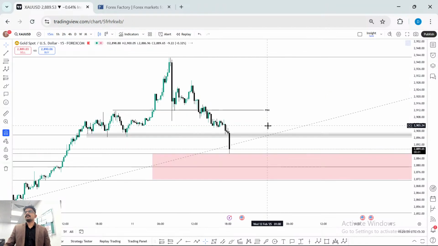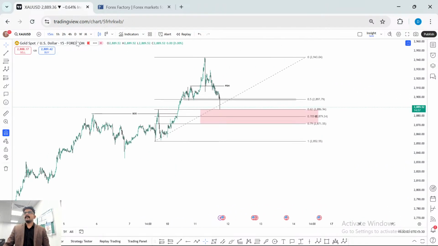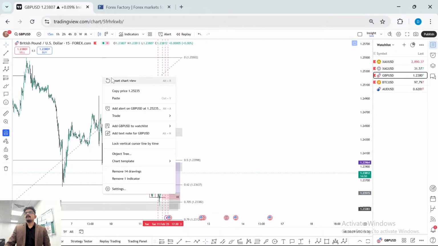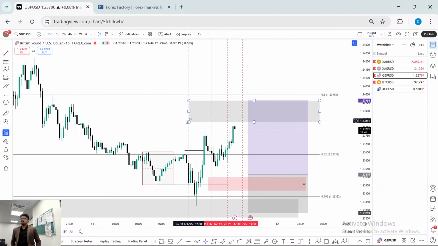Okay, gold has almost reached our zone. What about GBP USD? GBP USD is already. If it reaches our target zone, then just leave it. GBP USD. Okay.